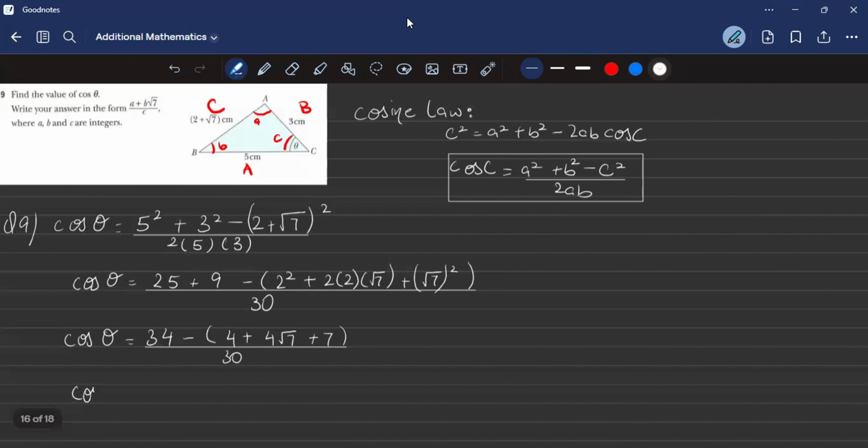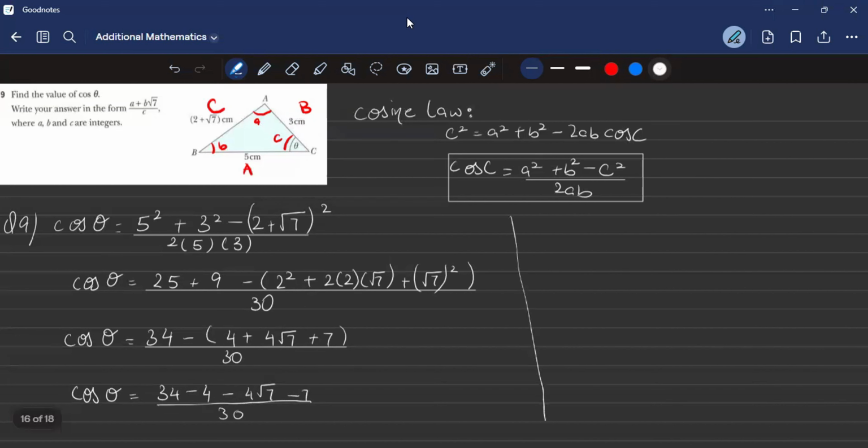Simplify this further, cos theta is going to be equal to 34 minus, now multiply this negative by every single value. Let it be 4, let it be 4 under root 7, and let it be 7. Just keep that in mind because this is a bracket here, so we multiply by each and every value. So minus 4 under root 7 minus 7, divided by 30.